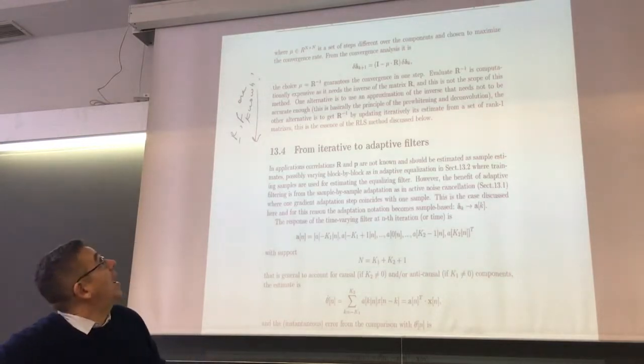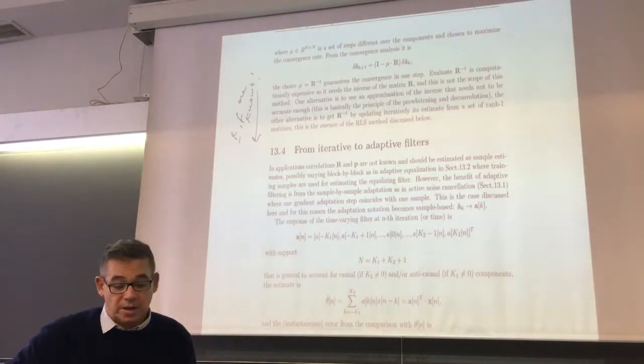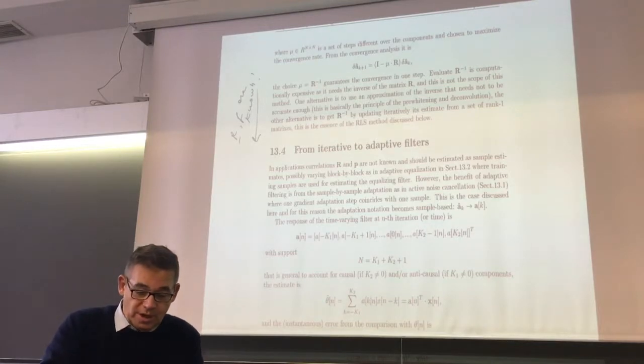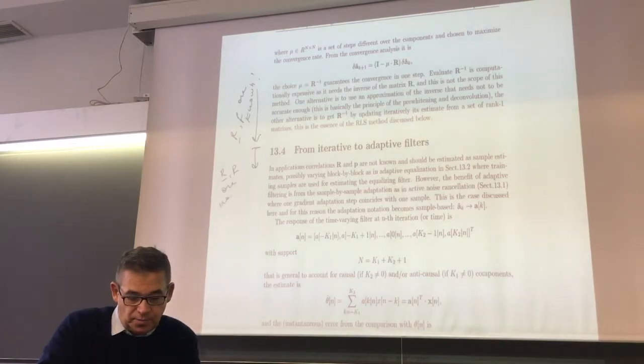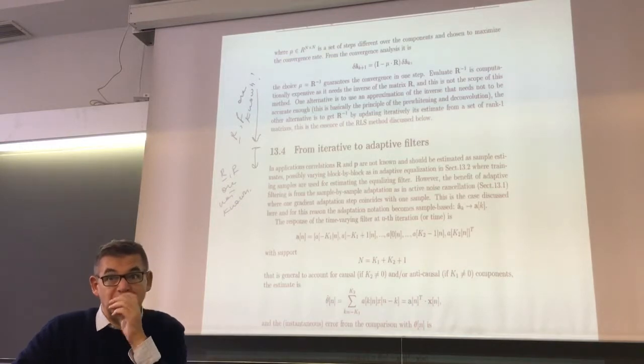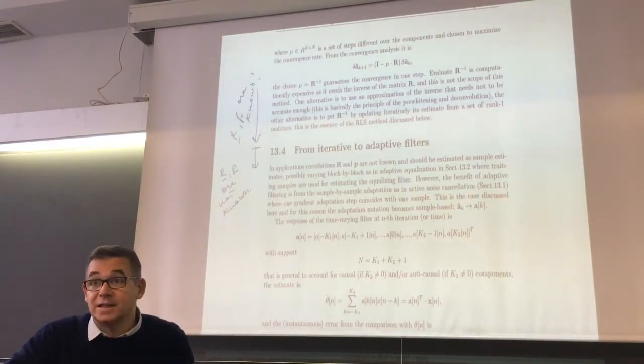Up to here, R and P are known. What we do now, starting from here, is that R and P are not known. And so we slide into the iterative adaptive filter.